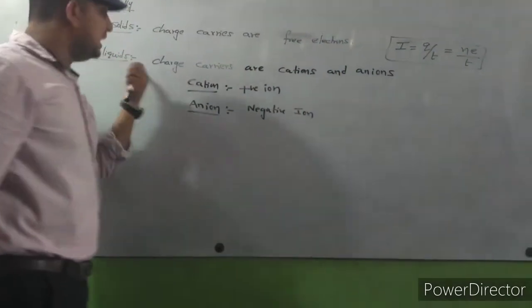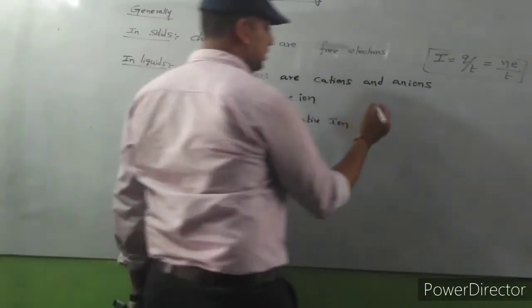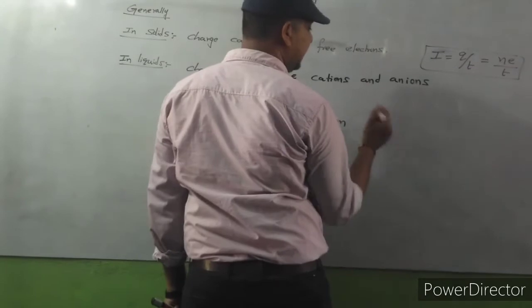Next, in liquids, current is due to positive ions and negative ions.